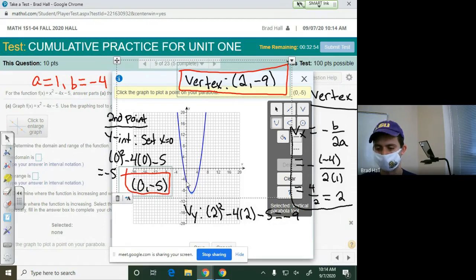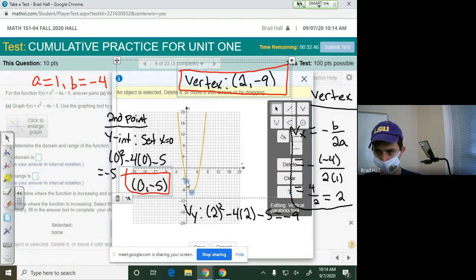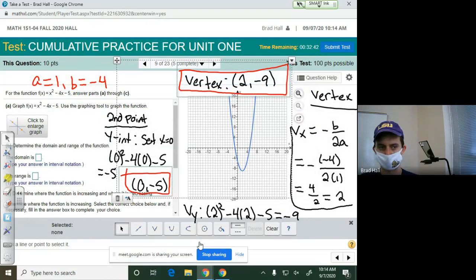Some people don't notice that. And then (0, -5) for the y-intercept. It does say (0, -5) in the top right. So I know that that is the point that I want to select. And I can save it from there. So we're not done yet, but does anyone have any questions so far?